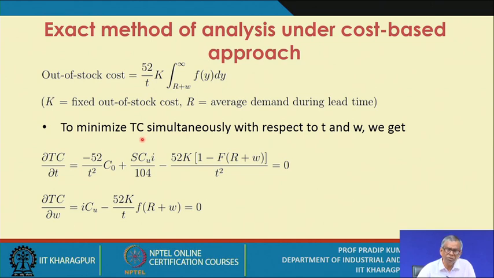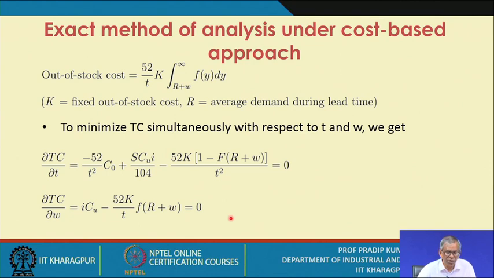To minimize the total cost simultaneously with respect to T and W, you take the partial derivative of TC with respect to T, as well as the partial derivative of TC with respect to W. These are the two decision variables. You set the derivatives equal to 0, and then you have one equation like this, and the second equation is this one.